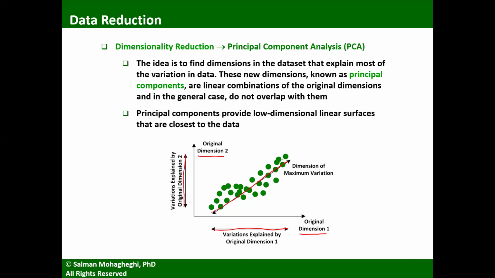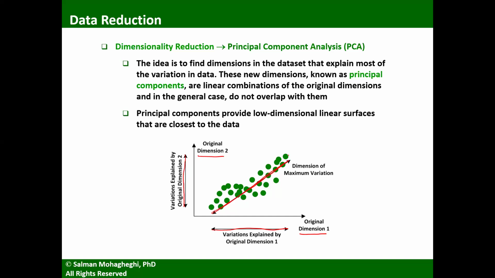So I could, in fact, reduce this data set from the two original dimensions to this new dimension, which has maximum variation. These dimensions are known as principal components, and these are linear combinations of the original dimensions of the data set. And in the most general case, they do not overlap with the original dimensions.